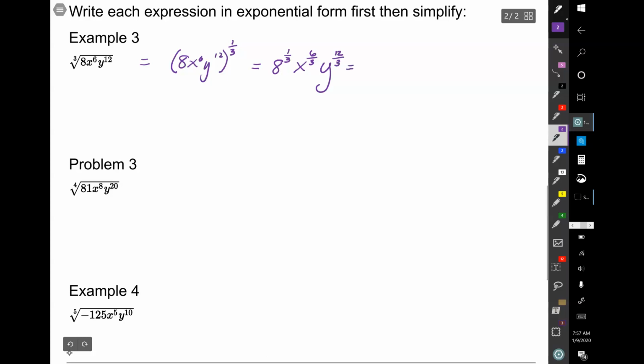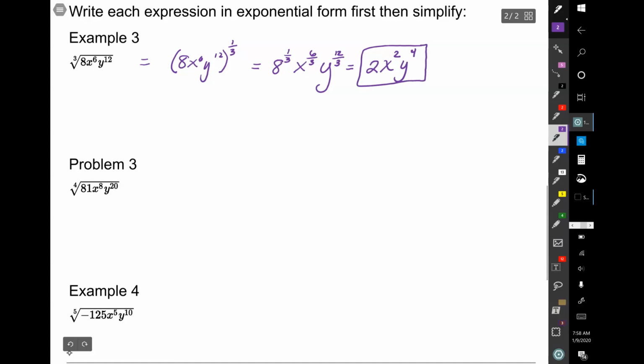Then we go ahead and simplify all those exponent fractions. So 8 to the 1/3 gives us 2. X to the 6/3 gives us x squared, and y to the 12/3 gives us y to the 4th. And that would be our final answer, 2x squared y to the 4th.